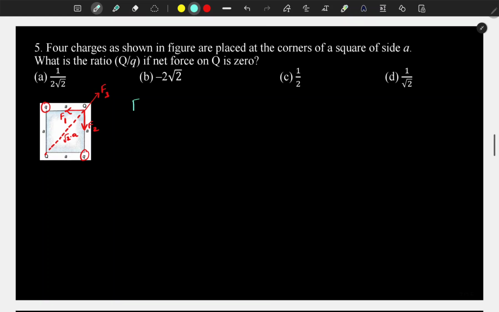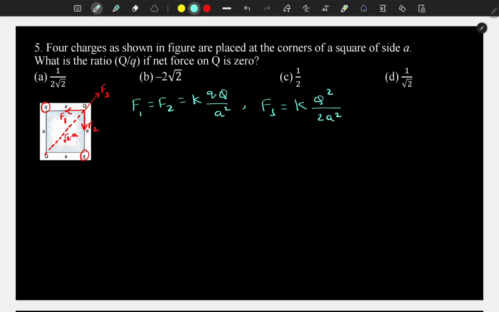So f1 is equal to f2, which is equal to kq by a square, but f3 is equal to kq square by root 2a whole square, that is 2a square.